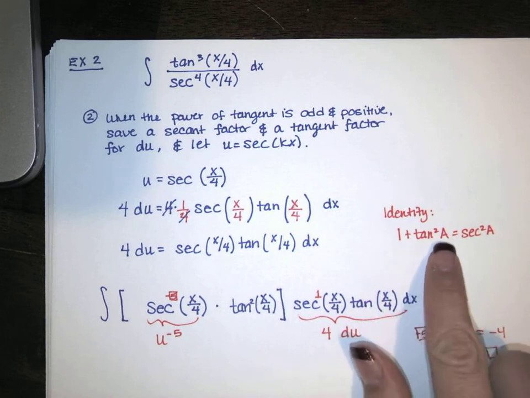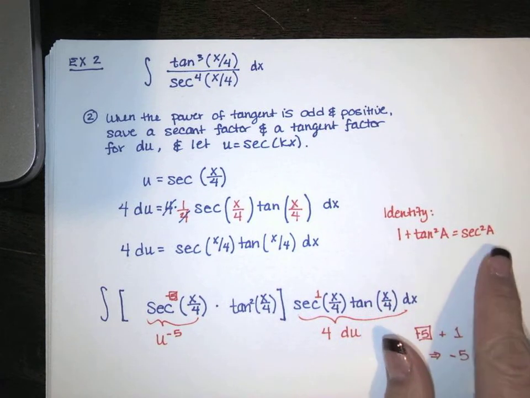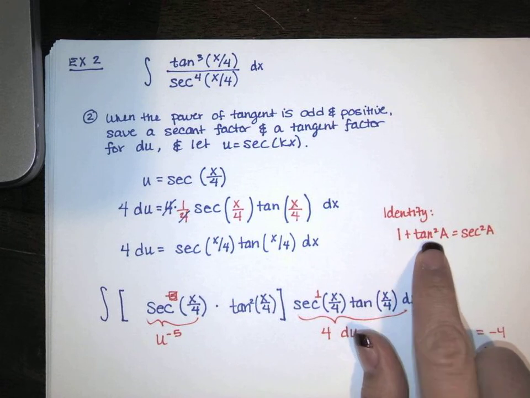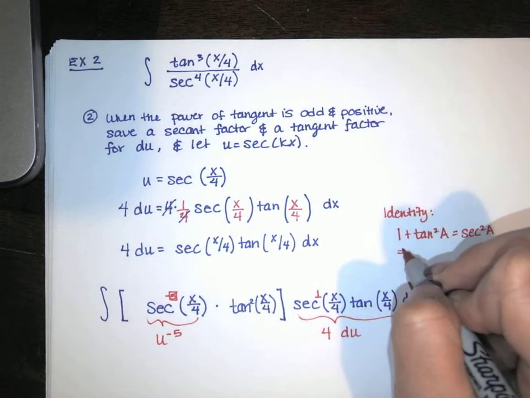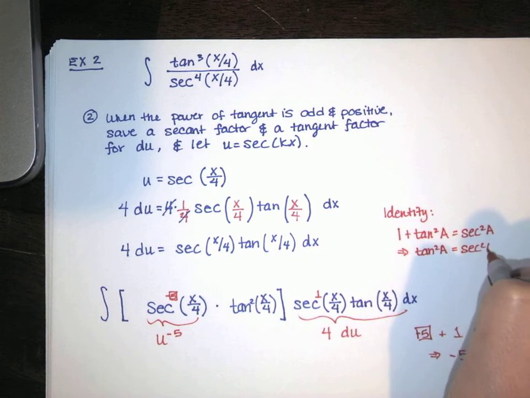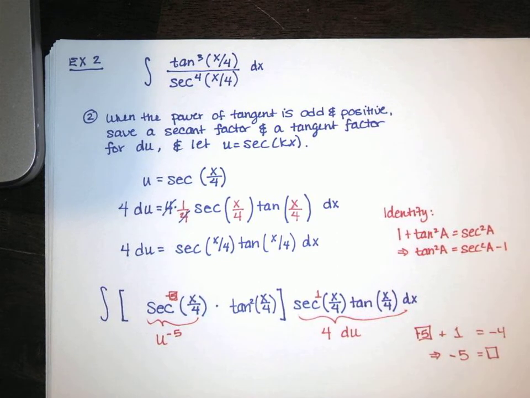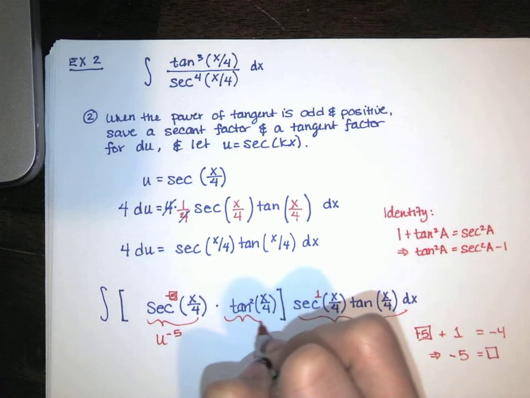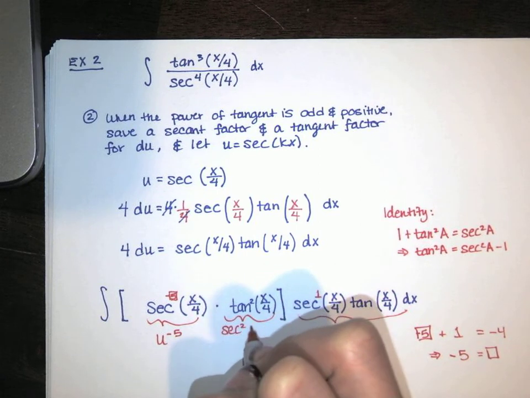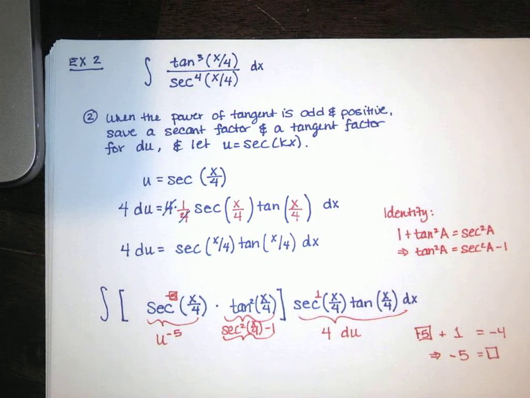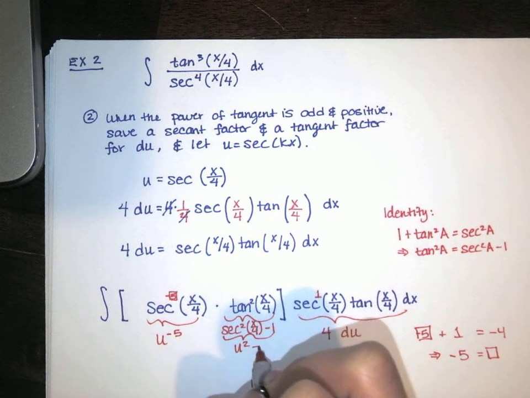So I can use this to write tangent squared in terms of secant squared or secant squared in terms of tangent squared. If I want to get tangent squared by itself, I have to subtract 1 from both sides. And I get that. So this is tangent squared, and it's secant squared minus 1. According to our identity, the angle stays the same. And if secant is our u, that's just u squared minus 1.